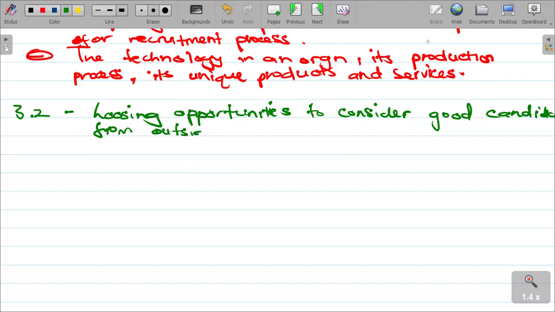From outside the organization, they will lose out.